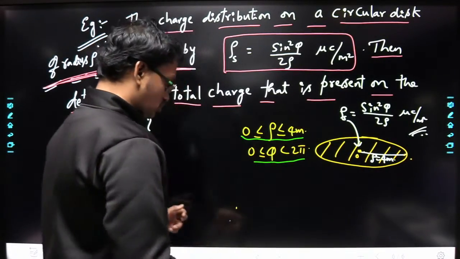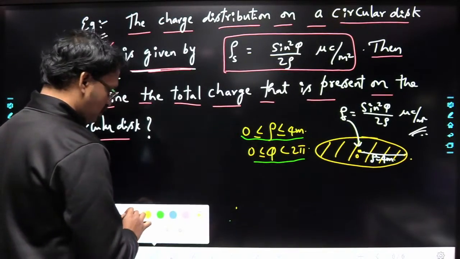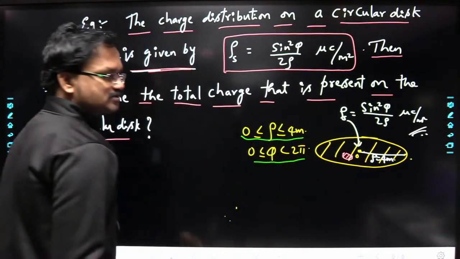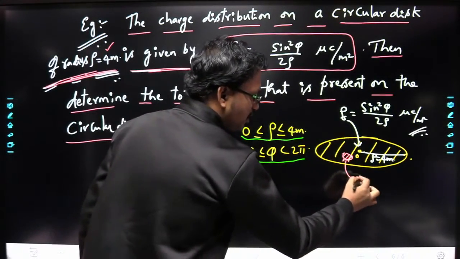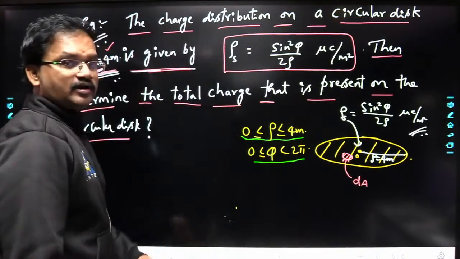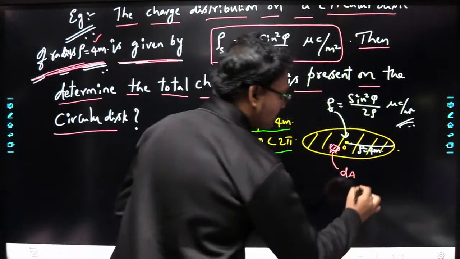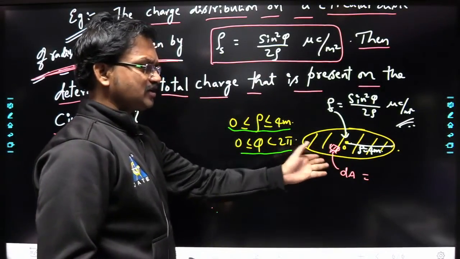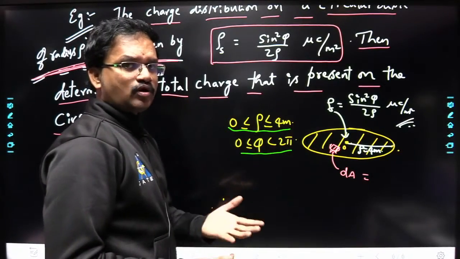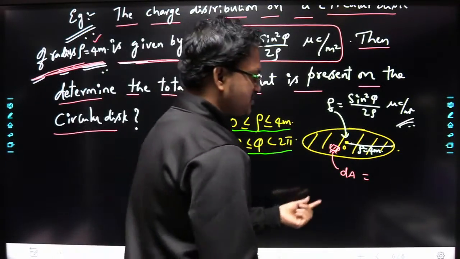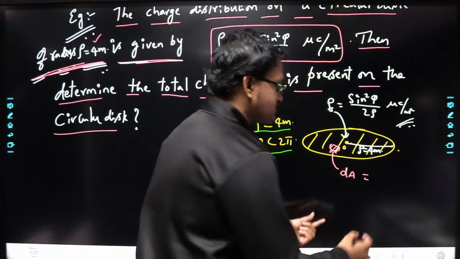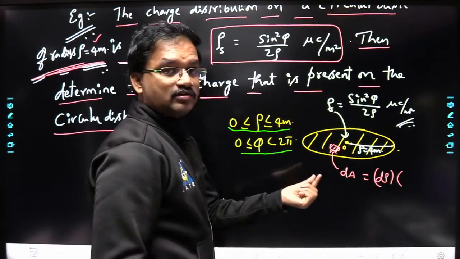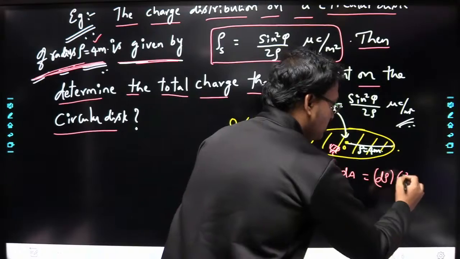Understood? So if you consider a small differential area dA on this circular disc, how can you write this small differential area? What are the variables? Rho and phi. So multiply the differential length along rho, that is nothing but d rho, with the differential length along phi, that is nothing but rho d phi.